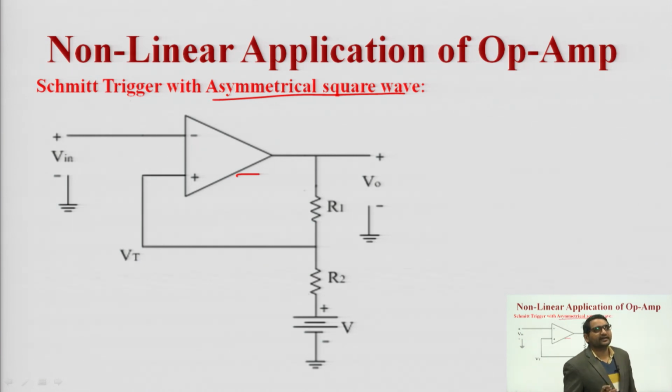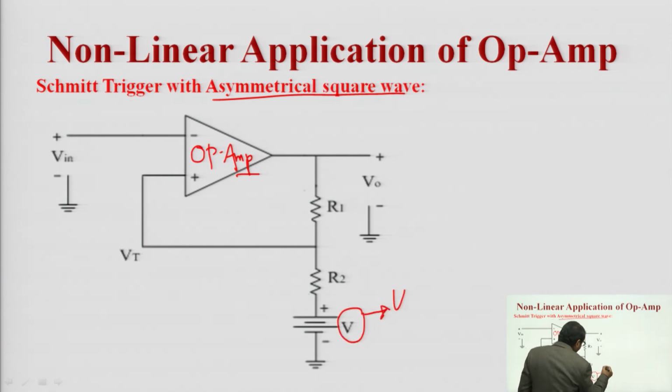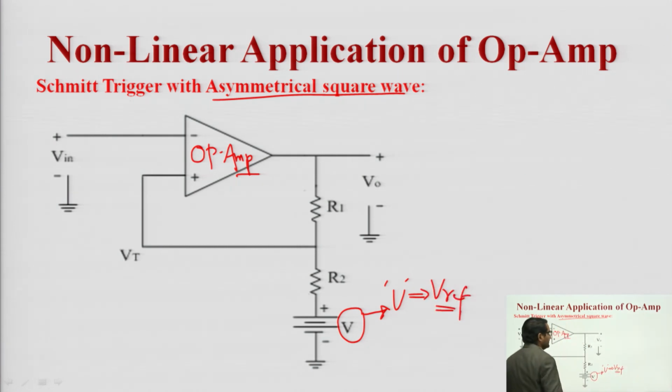If the duty cycle is 50%, we call it a symmetrical square wave. This is the op amp, connected in a positive feedback configuration with a known voltage V, which we sometimes call V reference. So, it gives an asymmetrical square wave.